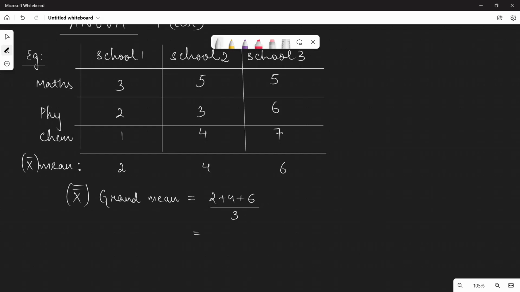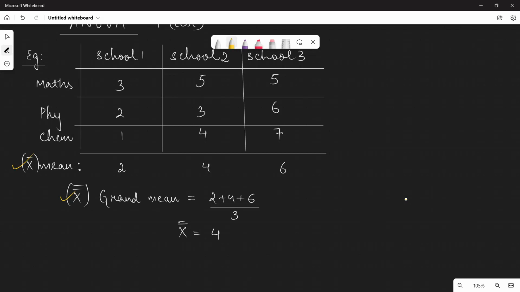So this is 4 plus 2, 6, 6 plus 6, 12, 12 by 3, 4. So the grand mean, represented by X double bar, is equal to 4. Is it clear? Any doubts? Understood. Okay, so the mean we have calculated, and then the grand mean also we have calculated.